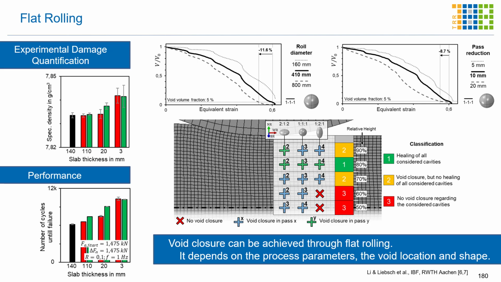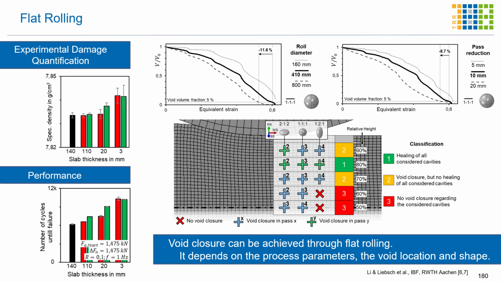And it was found that the void volume decreases over the equivalent strain, but also the roll diameter as well as the pass reduction have a huge impact on the void closure itself. And this is very important for subsequent manufacturing or forming processes, as with a higher void closure or less void volume, also the void evolution in the subsequent pass might be less high.